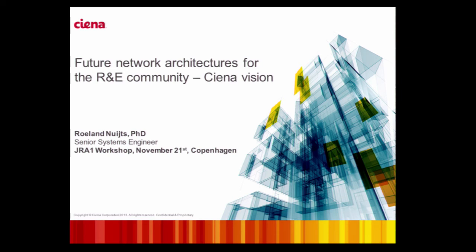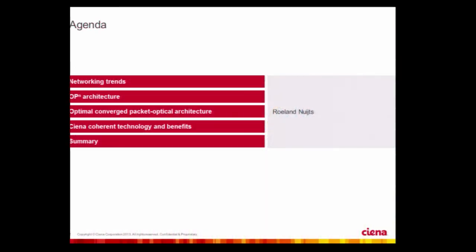Title of my talk is Future Network Architecture for the R&E community. This is briefly the outline. First I will show some networking trends that we considered when we looked at the future architecture. I will discuss our open architecture, which is basically making a very flexible network, which allows users to be connected to content very flexibly, content to content as well. I will get into the details of that.